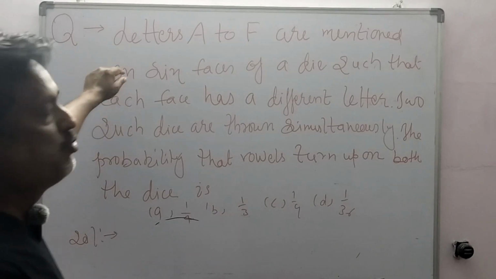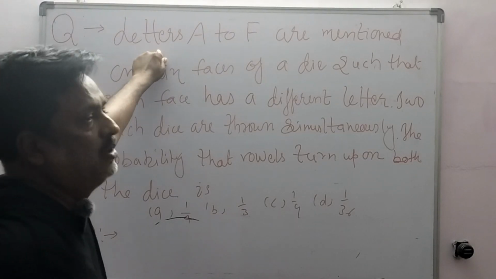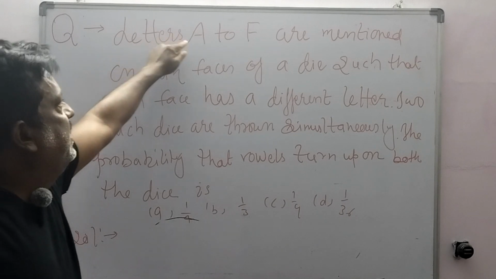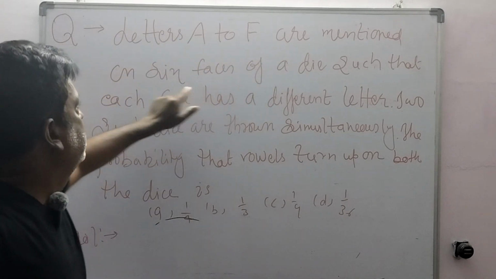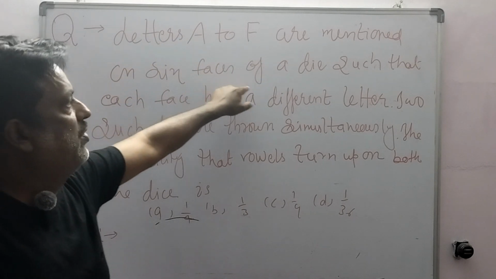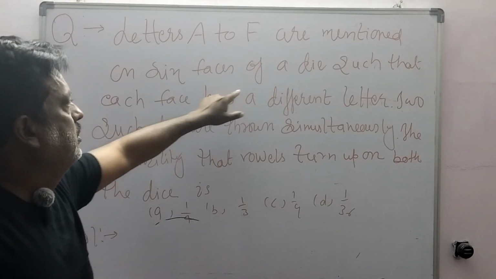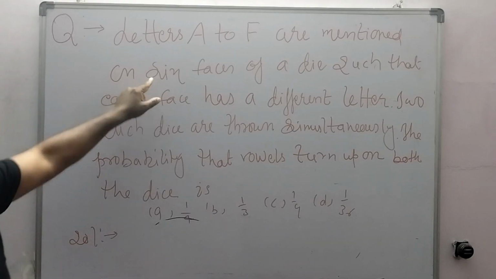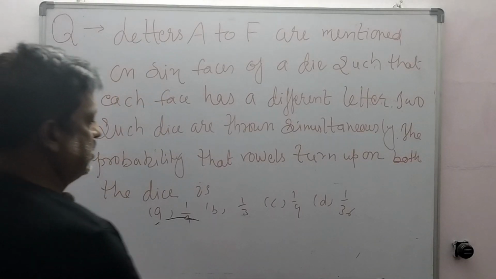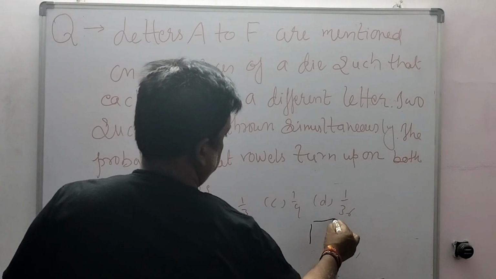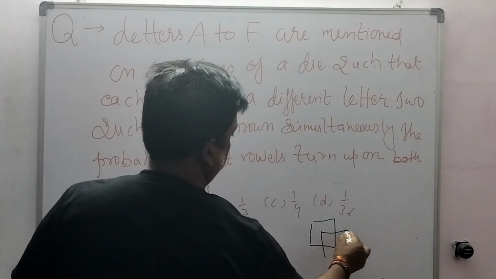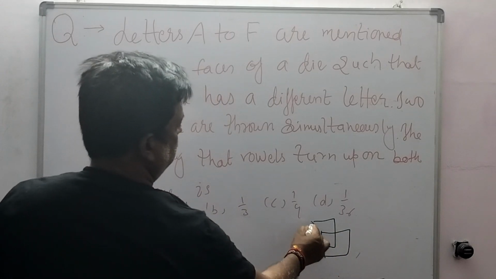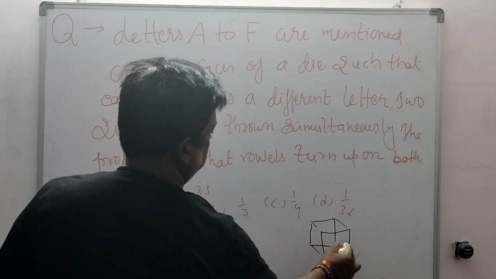Next problem we are discussing. Letters A to F are written on the 6 faces of a die. One die is given and the letters A to F are written on it. Die means the type of game we play in Ludo. This is one die with 6 faces.